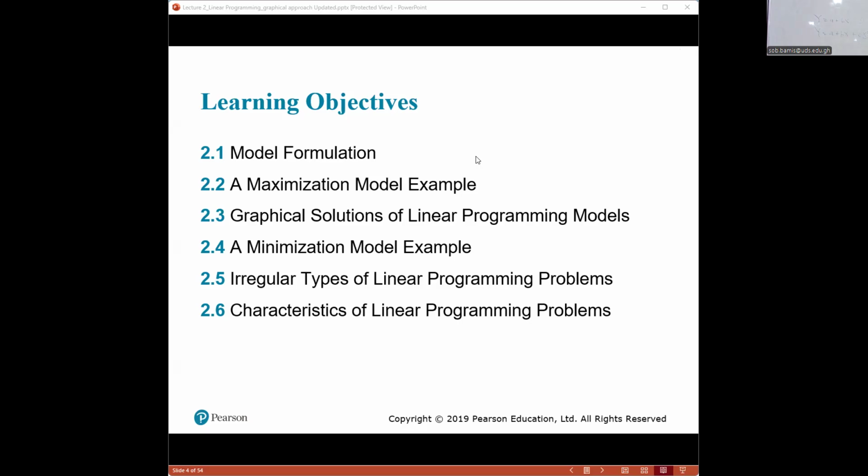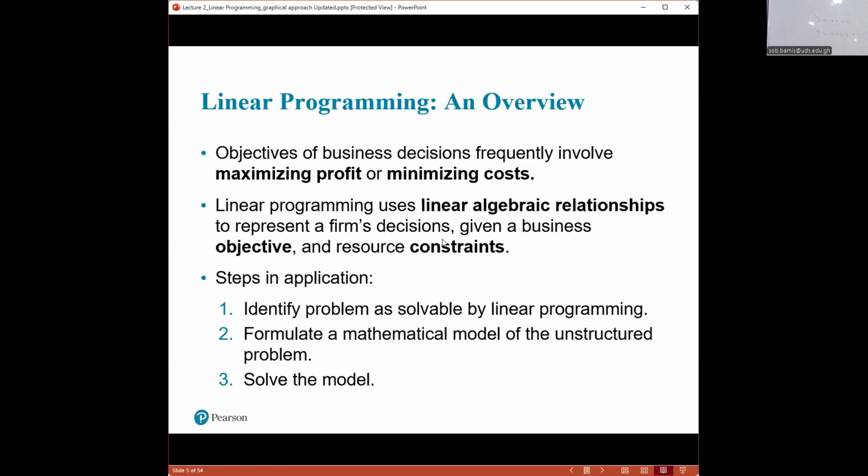State the problem mathematically. If you remember last week, I mentioned that in the management science process, the 5-stage process, the first 2 are the most important. The first step is what? Observation.